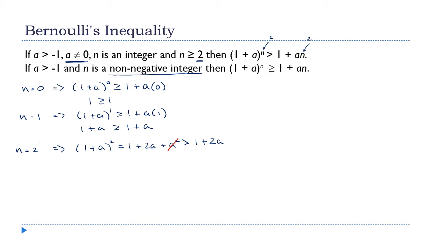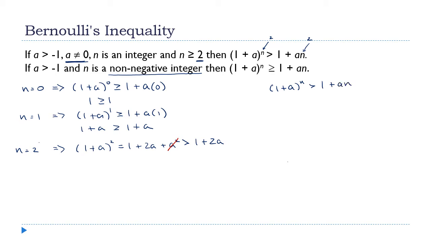So now I've shown the two special cases, 0 and 1 work, and I've shown this works for n equals 2. Now I'm going to do the induction part. I'm going to assume that (1 + a)^n is greater than 1 + an.